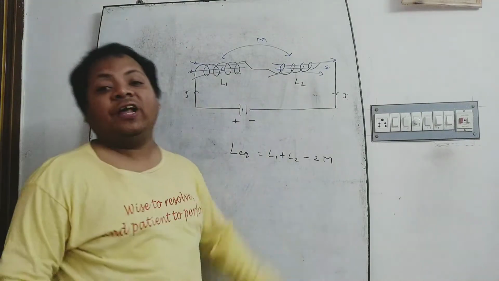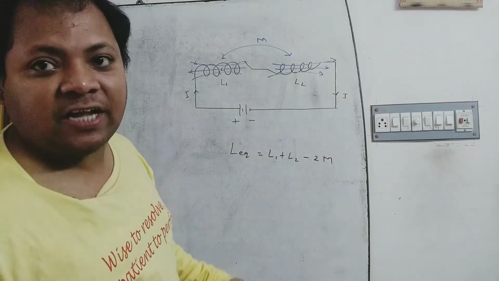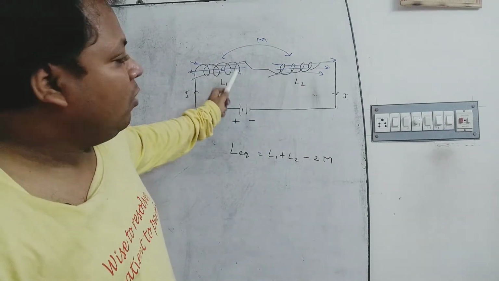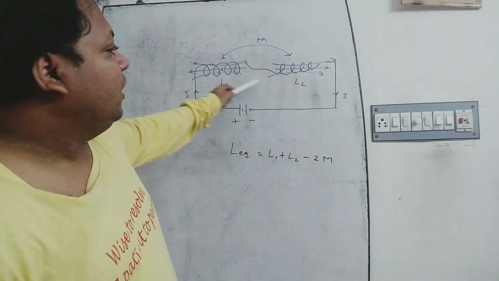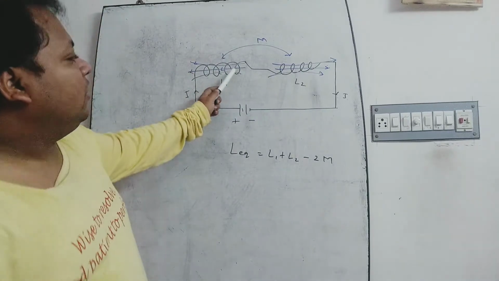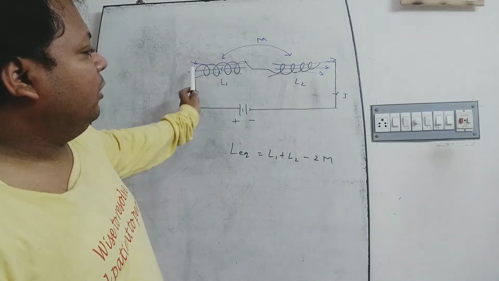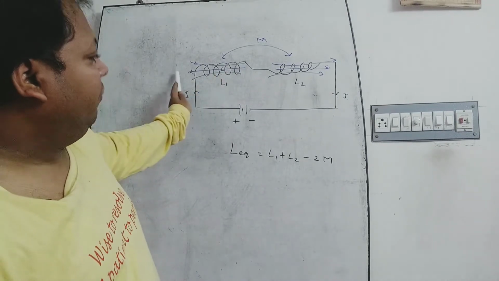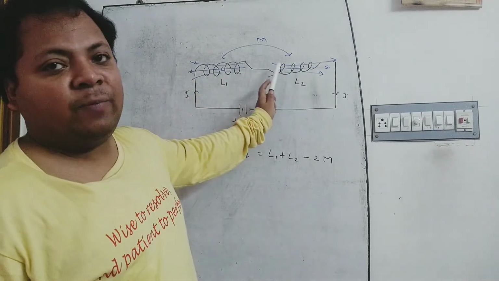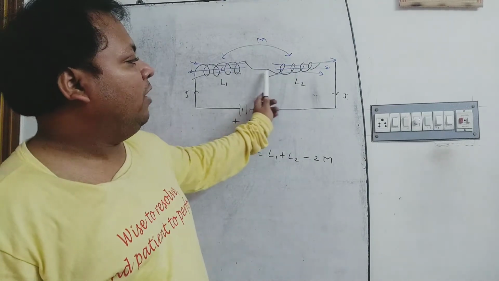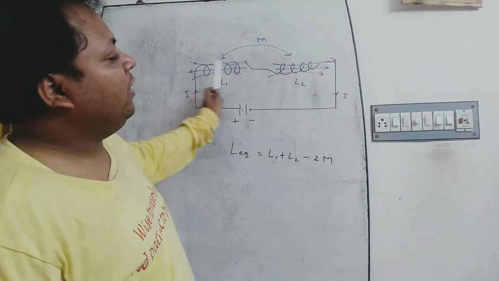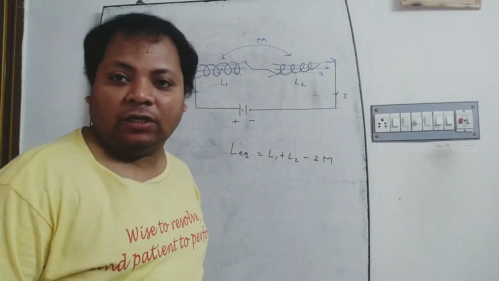When two coils are connected in series such that the magnetic lines of force passing through the coils are opposite to each other, that is, in this coil the magnetic lines of force pass from right to left, and in this coil they pass from left to right, the directions of the magnetic lines of force are opposite to each other.